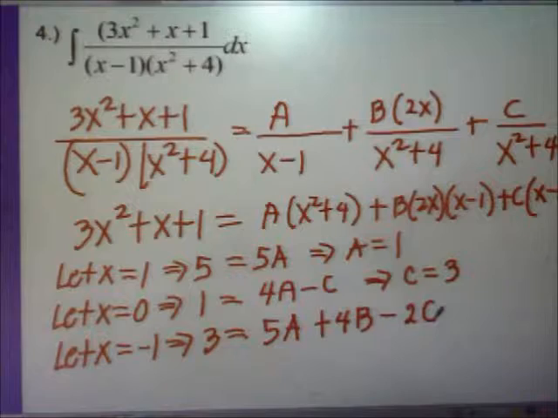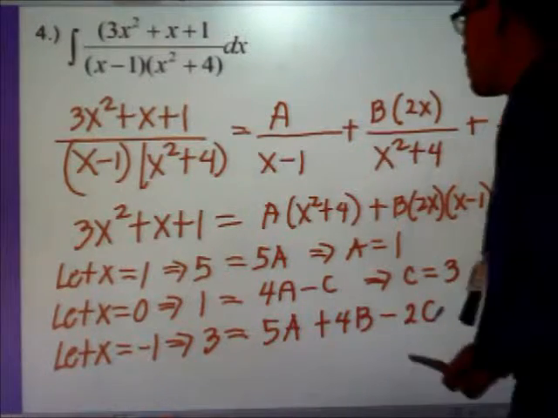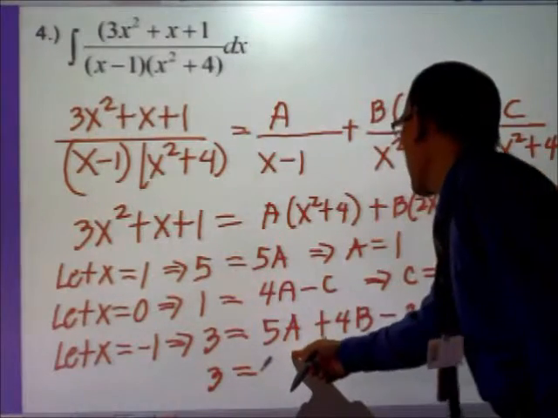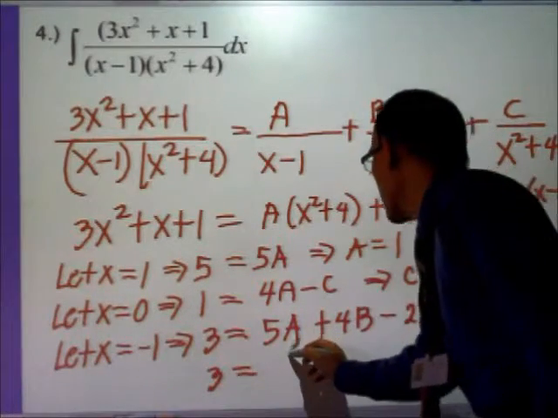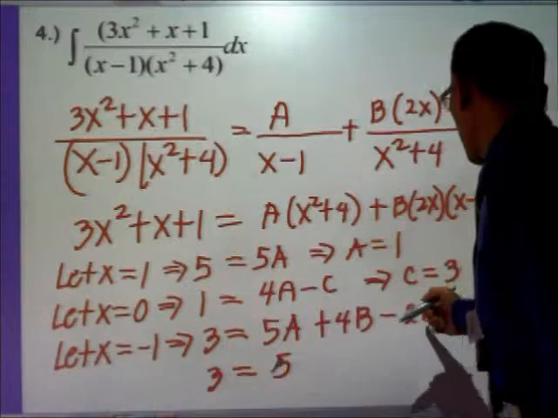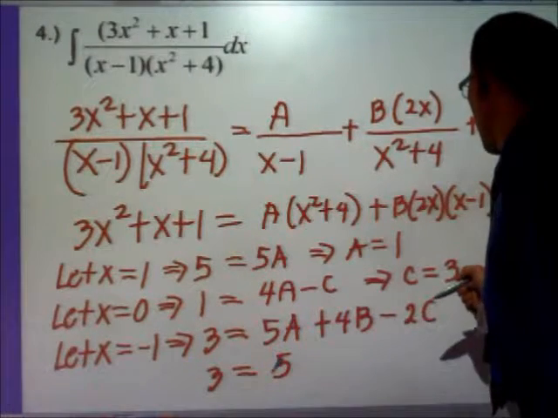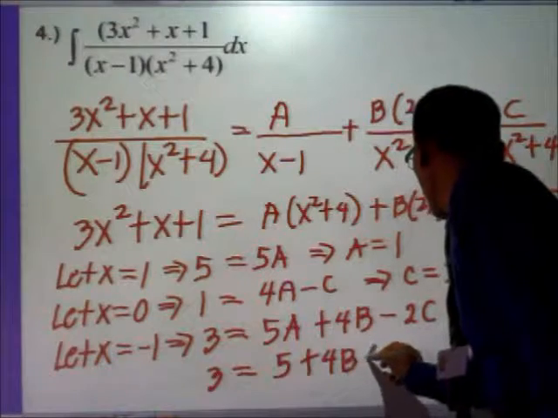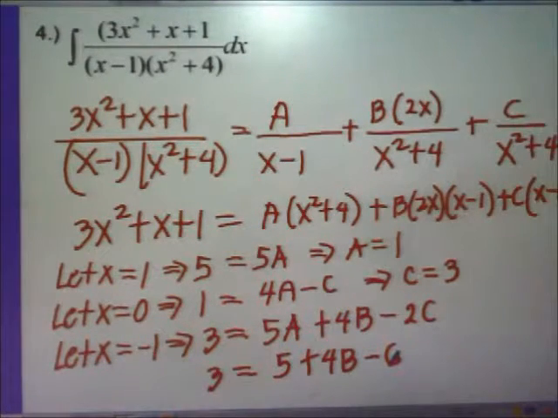Did we do it right? Negative 1, let us see. So this means 3 equals, we know our a to be 1, so this is just a 5, and our c to be 3, that means 4b minus 6. What do we get?